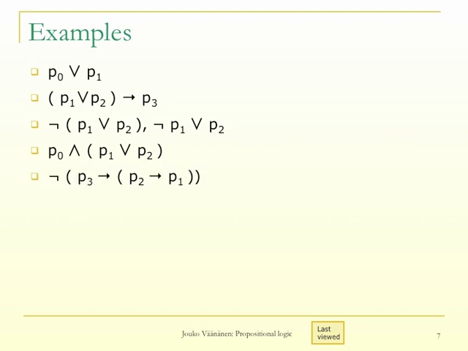Now we have a negation of an implication. Negation (P3 implies (P2 implies P1)) twice. The intuitive meaning of this is that it is not the case that if P3 is true, then if P2 is true, then P1 is true.